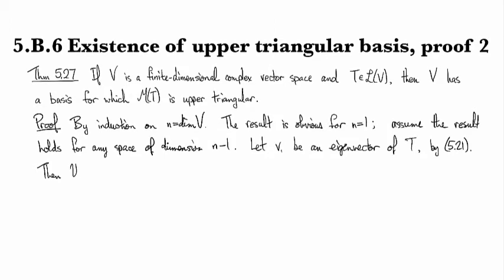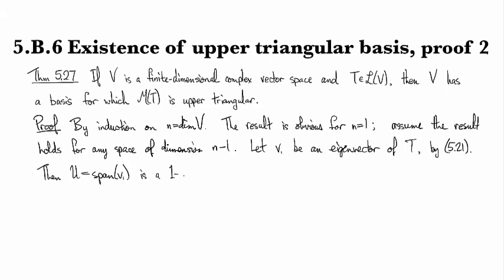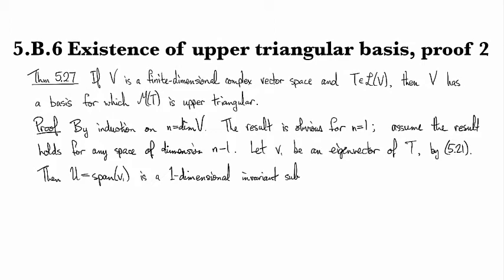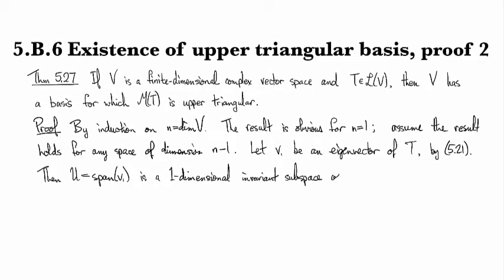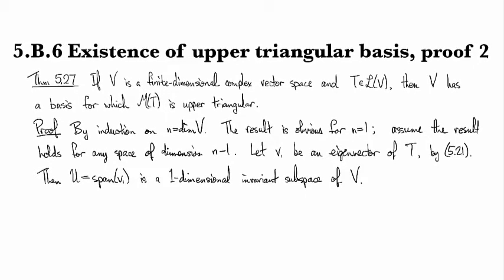Then if we look at the span of V1, this is a one-dimensional invariant subspace of V. And it's invariant under T. So I don't know if you want to call it a subspace of V or an invariant subspace for T, whatever. You know what I mean?